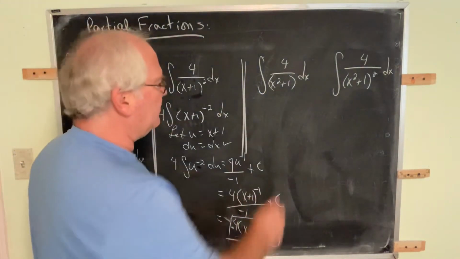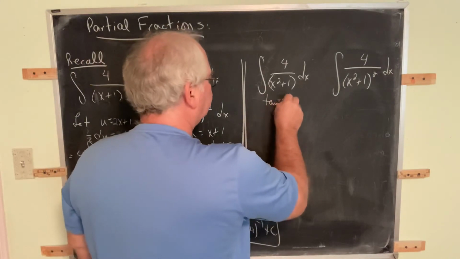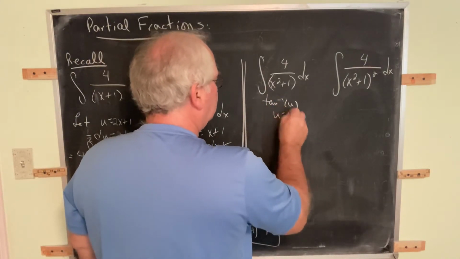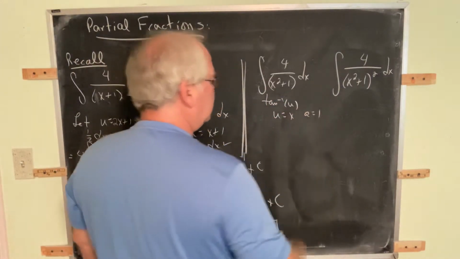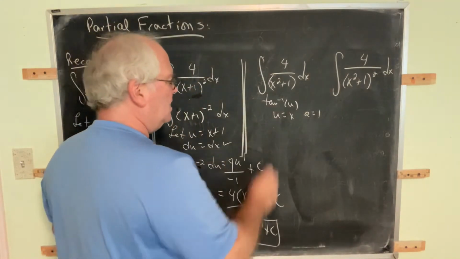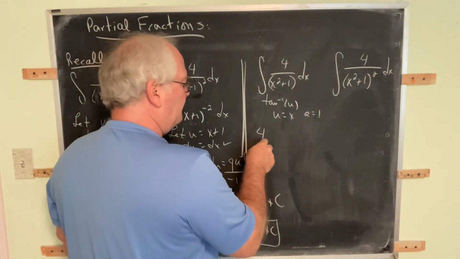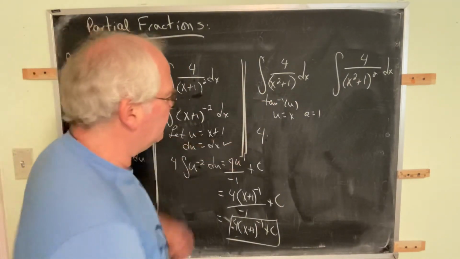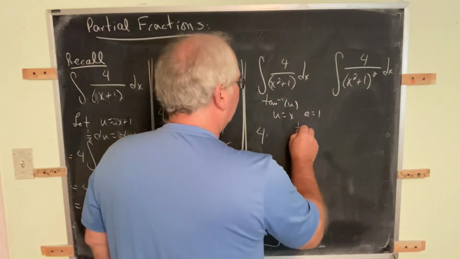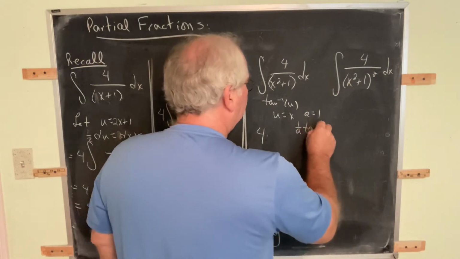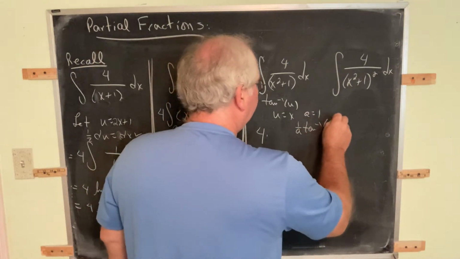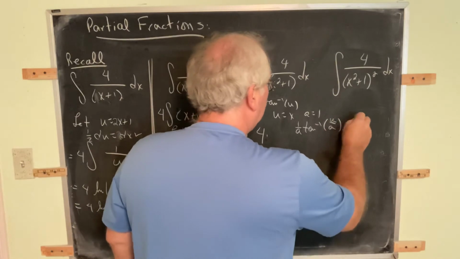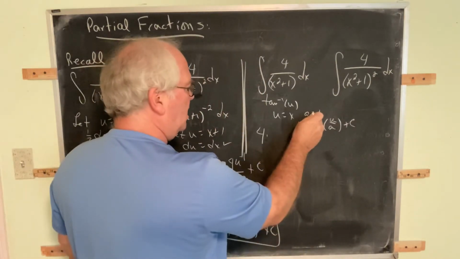This is tangent inverse, where U is equal to x and A is equal to 1. This is straightforward. This is a constant multiplier. And then for the tangent inverse form, remember that's 1 over A times tangent inverse of U over A plus the constant, where in this case A is 1.